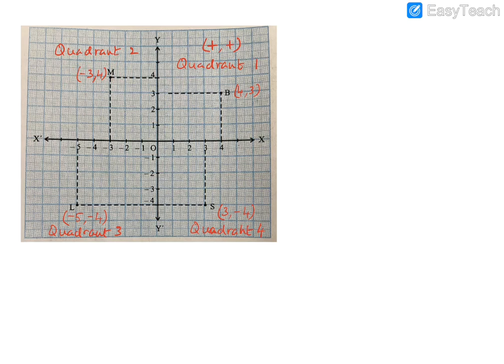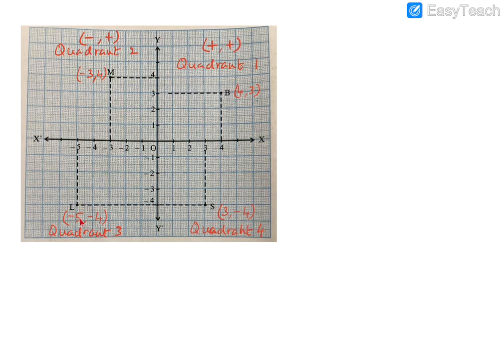Next, in quadrant 2, you notice that the x coordinate is negative and the y coordinate is positive. X coordinate here is -3, y coordinate is +4. So for the second quadrant, the signs will be negative for the x coordinate and positive for the y coordinate. It's minus comma plus.